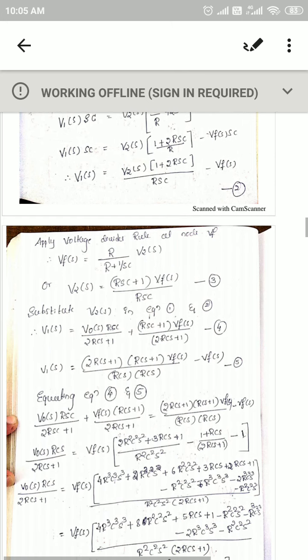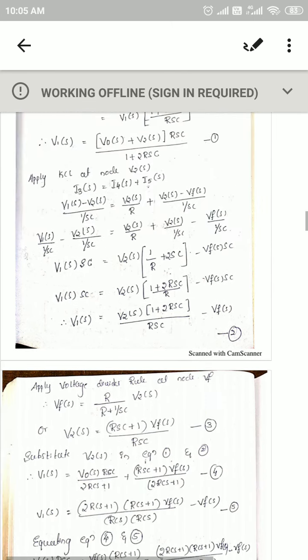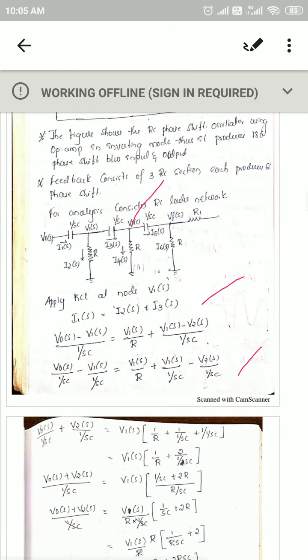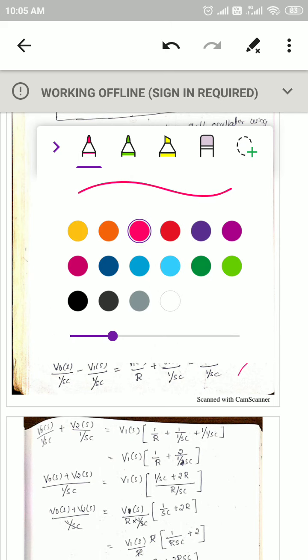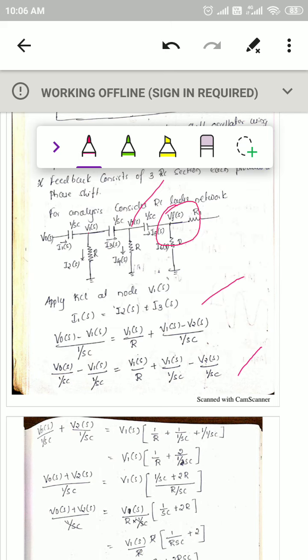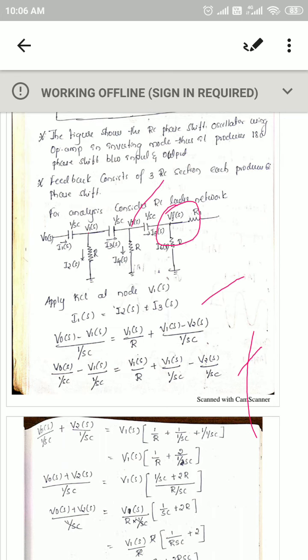apply the voltage divider rule at VF. VF is what? This is the VF. At this point, what is the voltage? You have to find it out by applying the voltage divider rule. So after applying the voltage divider rule, what will you get?